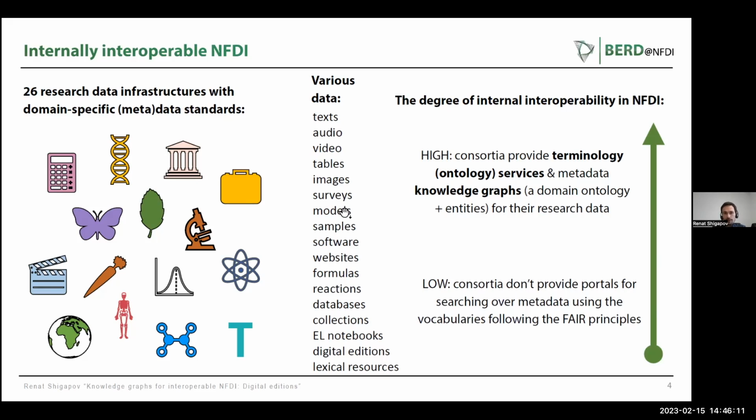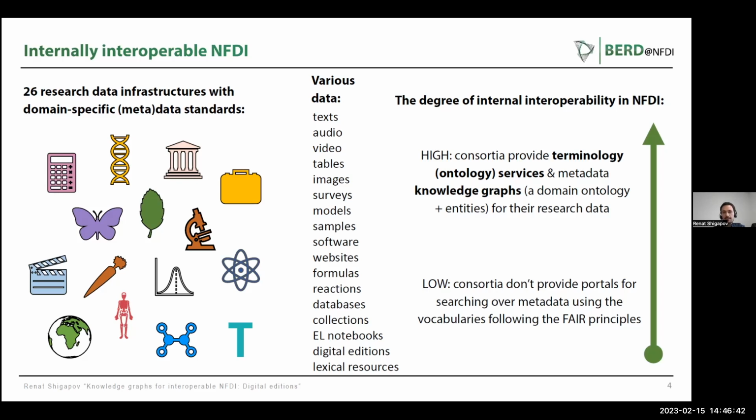And we can talk here about different levels or different degrees of internal interoperability in NFDI. Of course, it's a challenge to ensure interoperability in such a diverse infrastructure as NFDI. But we can say probably that the degree of internal interoperability would be low if consortia don't provide even portals for searching over metadata using vocabularies following the FAIR principles.